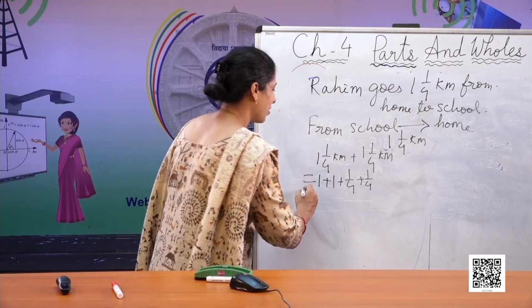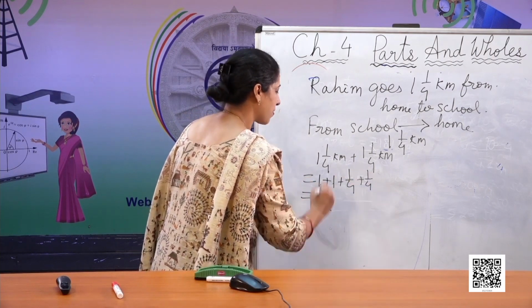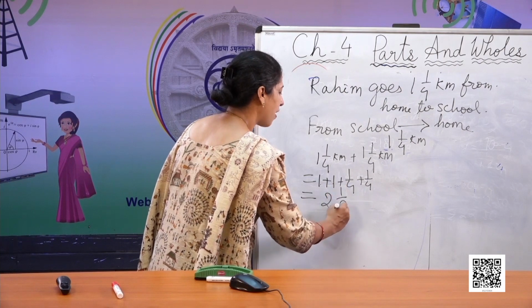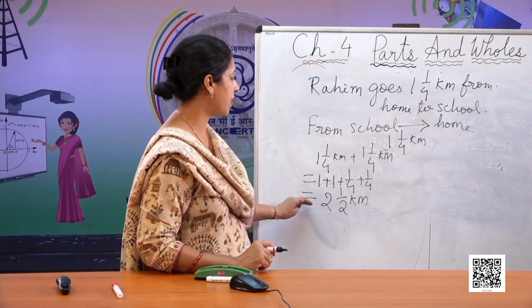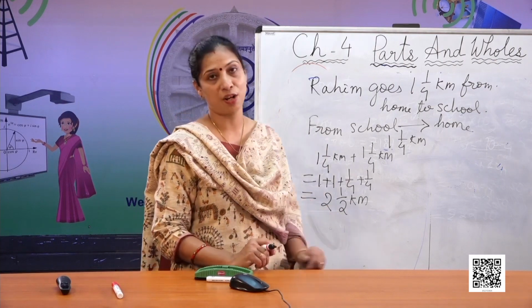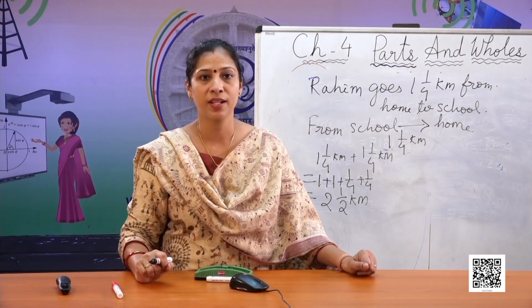Yes, half. So 1 plus 1 is 2. Then 1/4 plus 1/4 is equal to half. So how many kilometers does he cover every day? He covers 2.5 kilometers from home to school and school to home.